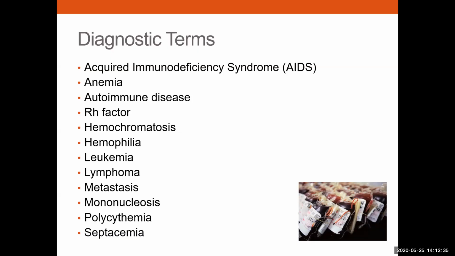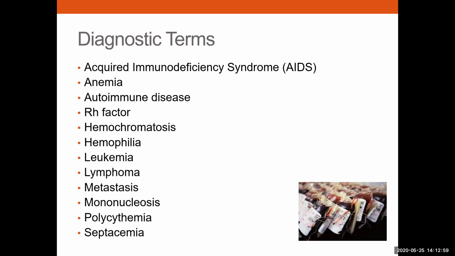Metastasis is where cancer cells have spread by blood or lymphatic system to distant sites from the origination of where it started. So you have lung cancer and it metastasized to your liver. Mononucleosis is caused by the Epstein-Barr virus and has an increase in mononuclear cells in the blood along with enlarged lymph nodes.